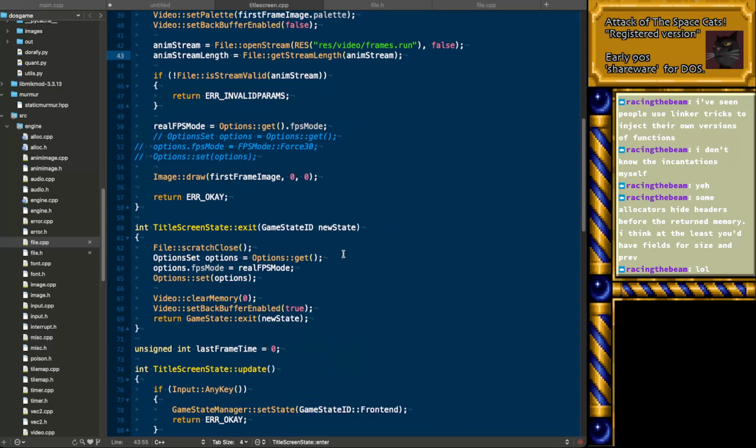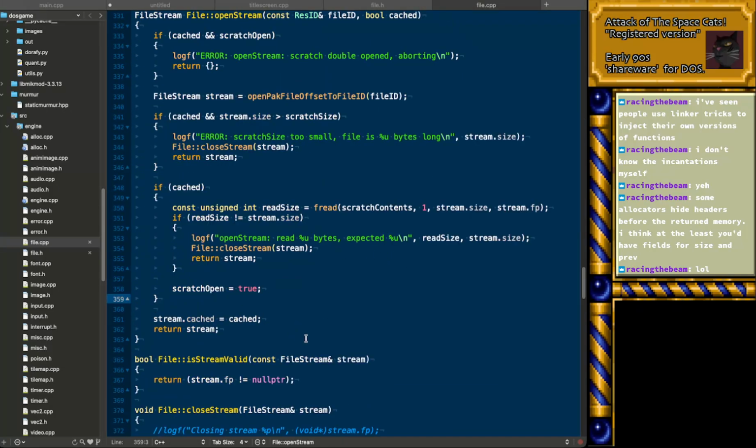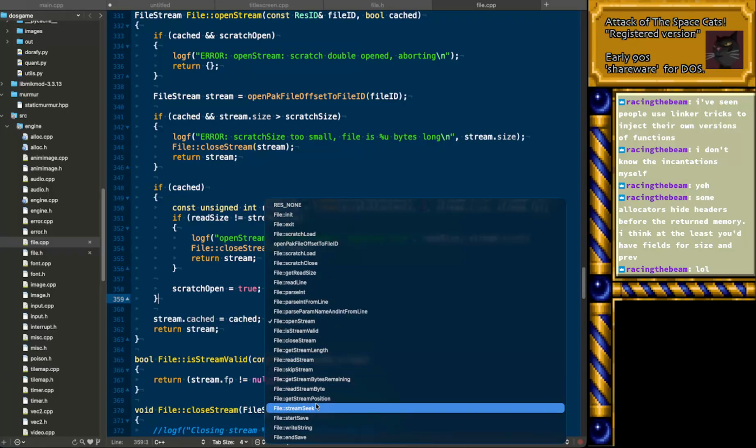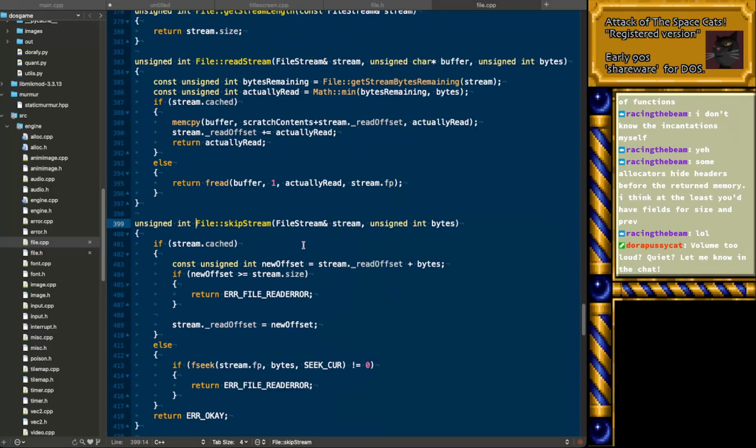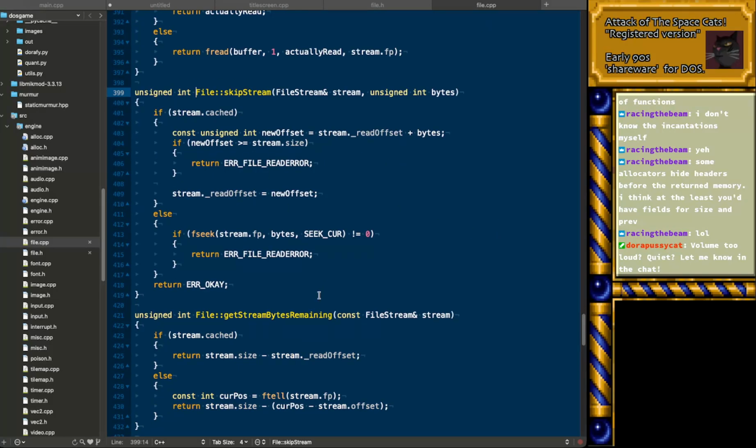So then we've got the Allen stream happening, and then we're going to go back in here and we're going to be saying things like read stream, skip stream, etc. And that's going to be doing a bunch of fseeks and all that sort of business, but it doesn't really make sense to me that things like fseek or ftell or anything like that would cause it to spontaneously need to allocate memory. None of that would. So it doesn't really fit.